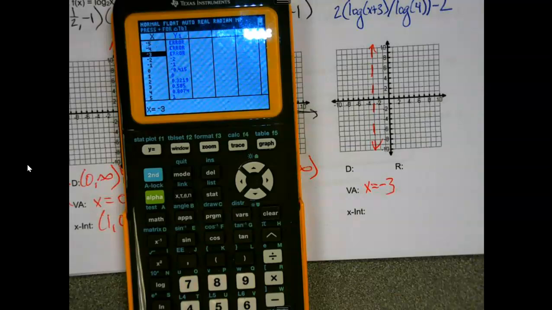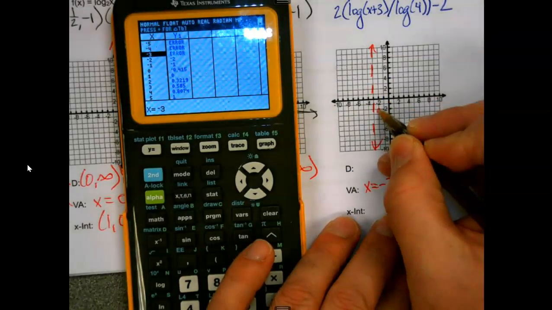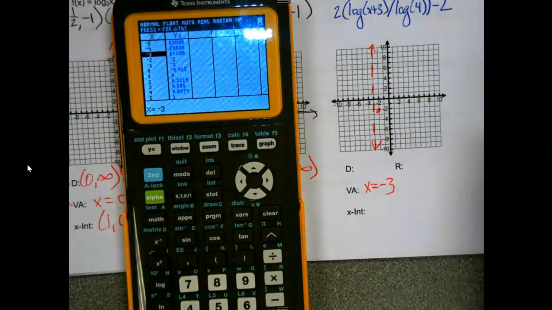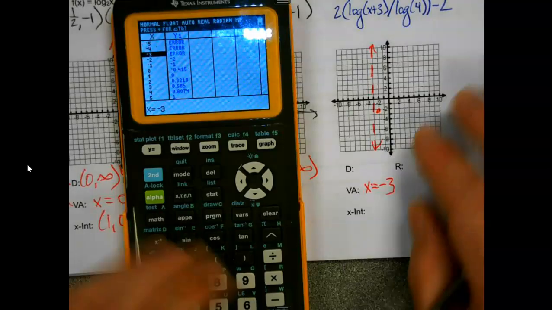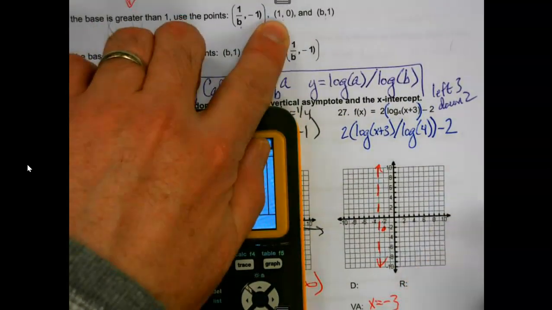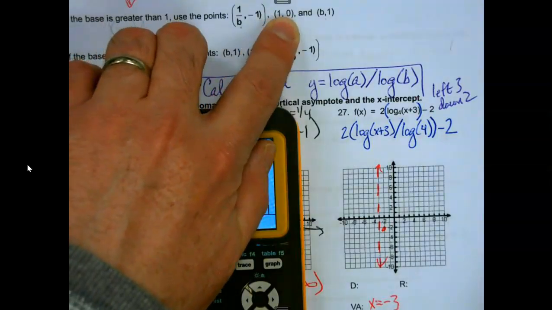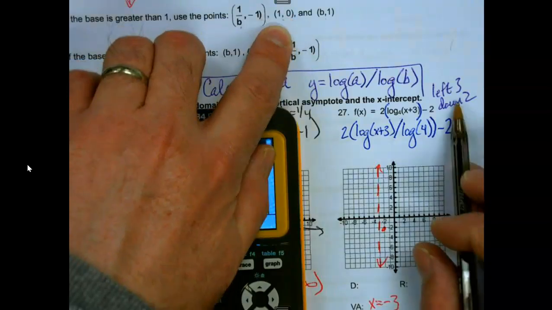Check out your other points, okay? -2, -2. Just as an FYI, if I move 1, 0, and I go left 3, that's -2. And I move 0 down 2, that's -2. Huh.